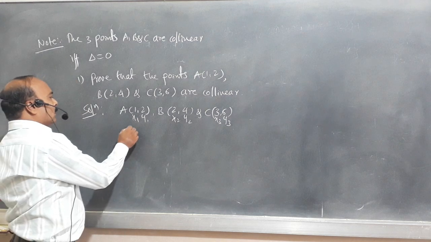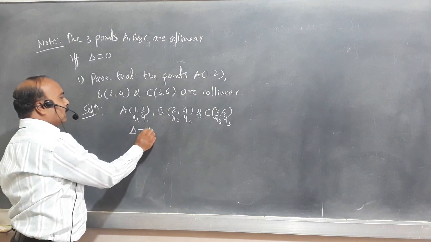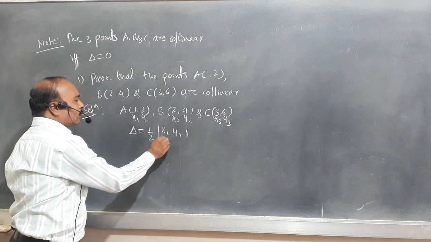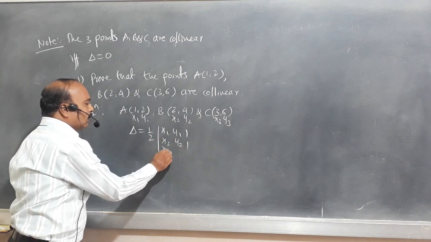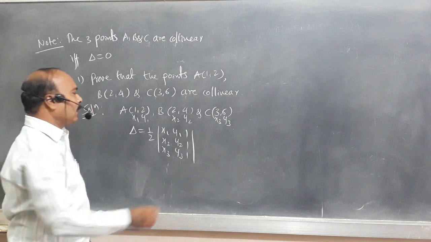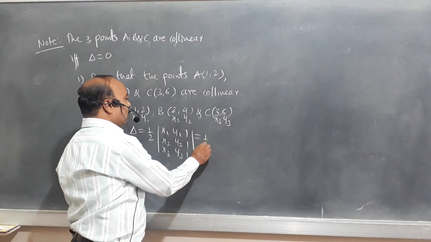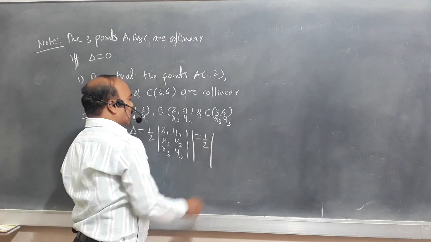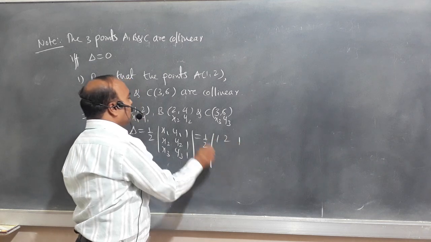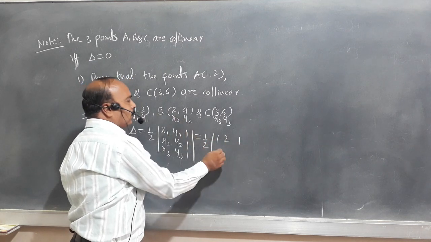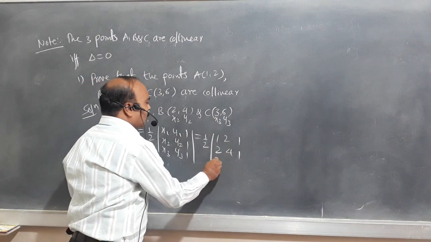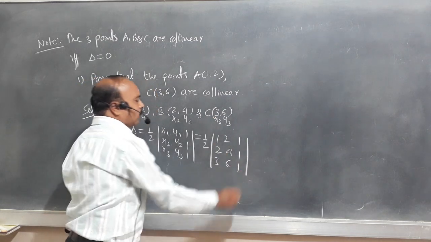Now the area of the triangle is given by delta equal to 1 by 2 times the determinant with rows x1 y1 1, x2 y2 1, x3 y3 1. Now we substitute the values: rows 1 2 1, 2 4 1, 3 6 1.